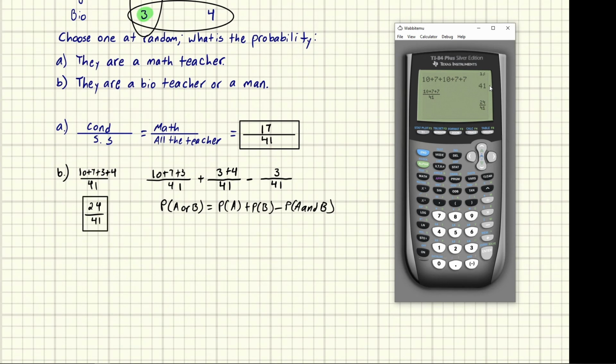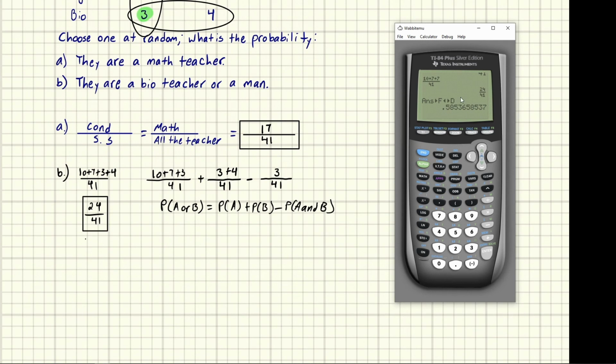Now you could turn this into a decimal. For example, we can go to alpha y equals the F1 key. That's why we hit the green. And they've got a fraction to decimal here. So we could actually go fraction to decimal. And we could get a probability in terms of a number. So we could write it's approximately a 59% chance.